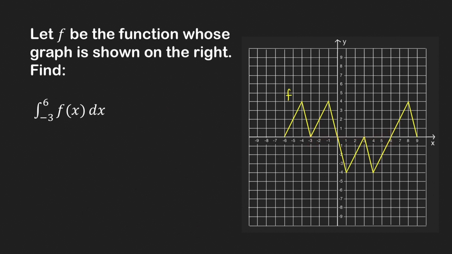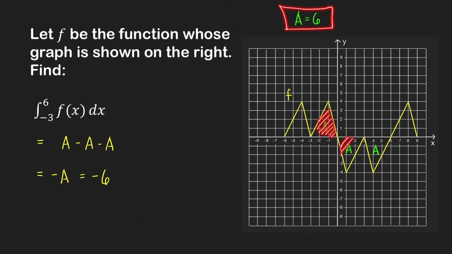The value of this definite integral is equal to, again, we know already that the area of this triangle is A, and that is equal to 6. The area of this triangle is also 6, and this one is also 6. So the value of the definite integral is the total area of the regions above the x-axis, which is A, minus the total area of the regions below the x-axis, which is 2A.